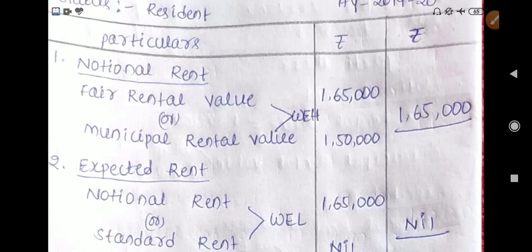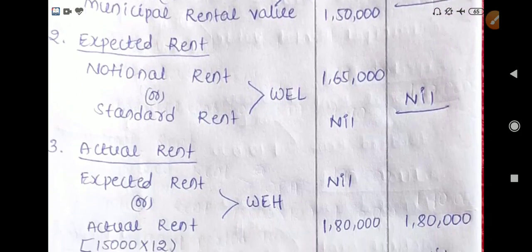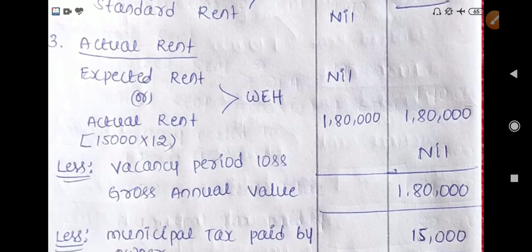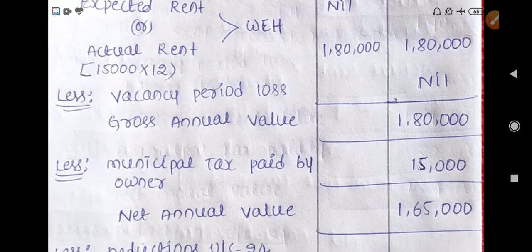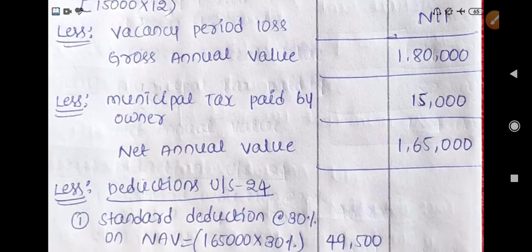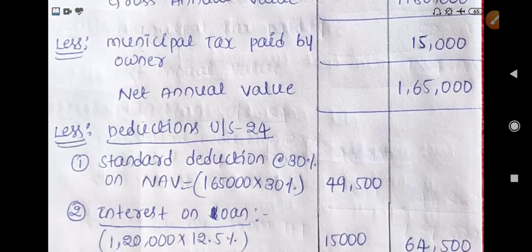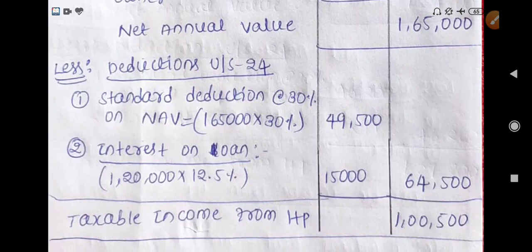One is notional rent, second one is expected rent, and third one is actual rent. Then from the actual rent you have to deduct vacancy period loss. You will get gross annual value. From that you have to deduct municipal tax paid by owner. You will get net annual value. Then you have to deduct deductions under section 24. One is standard deduction at 30% on NAV, then interest on loan if any is given in the question. Finally you will get taxable income from house property.